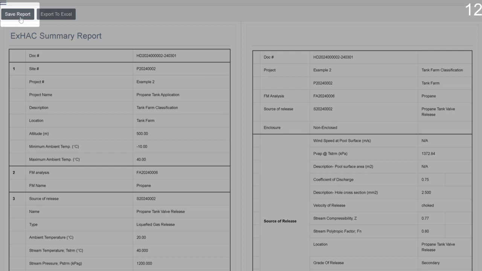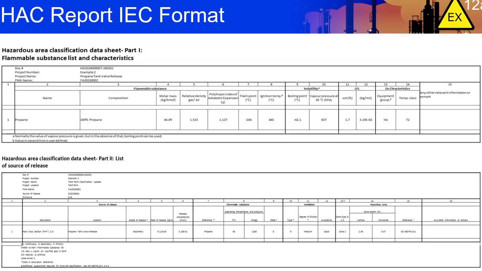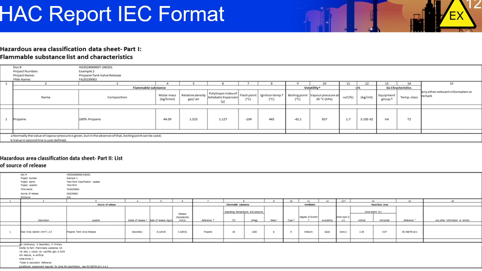To save the report, click Save Report. To create an Excel version of the report, click on the Export to Excel Report tab. You can then use the results to create your hazardous area classification diagram.